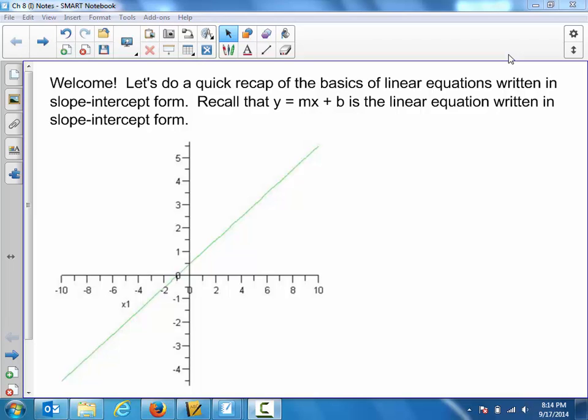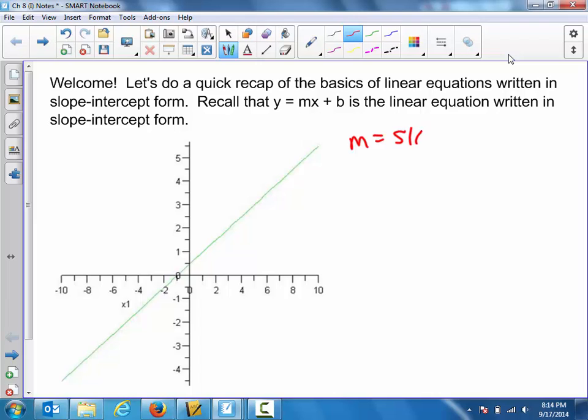Recall that y equals mx plus b is the generalized form of a linear equation written in slope-intercept form, where that linear equation has two parameters, two things that make it different from line to line. The first is m, which is your slope. m being your slope represents the change in y, your y variable, divided by the change in your x variable.